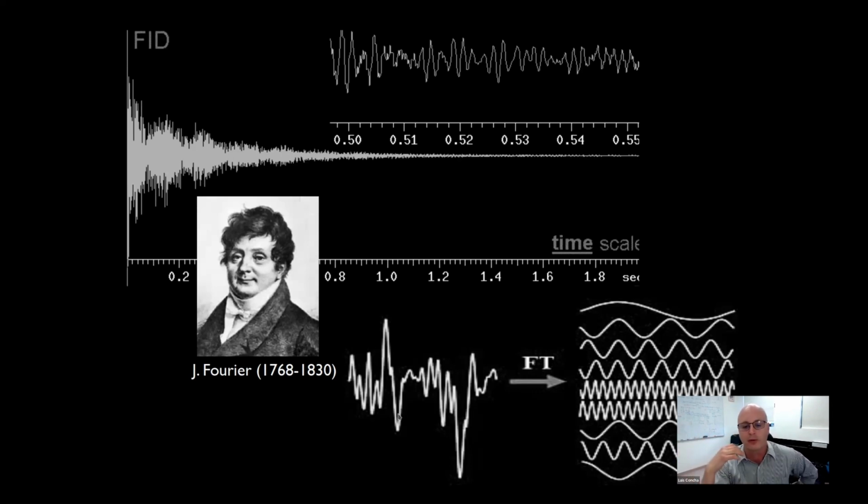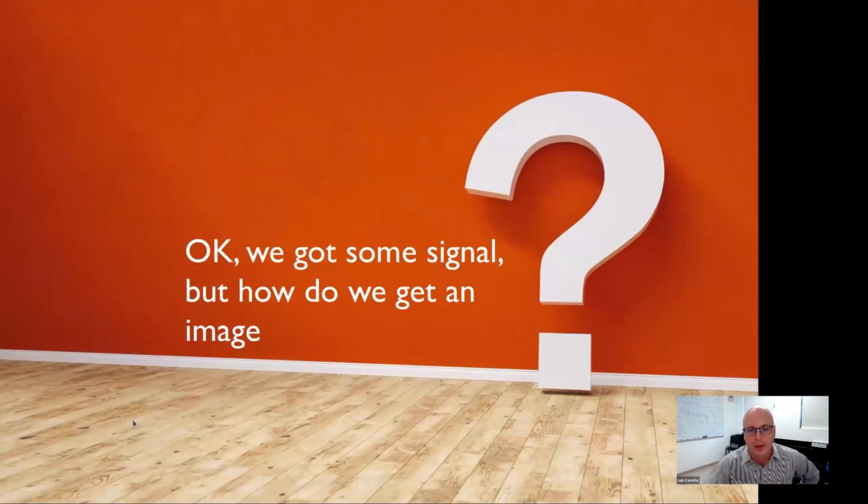So that's what the Fourier transform says. And because the frequency of precession depends on the magnetic field that we are experiencing, any modulation of the magnetic field will result in different frequencies that we can extract using the Fourier transform from this original signal that we obtained. All right, so we got some signal, but we don't have an image.